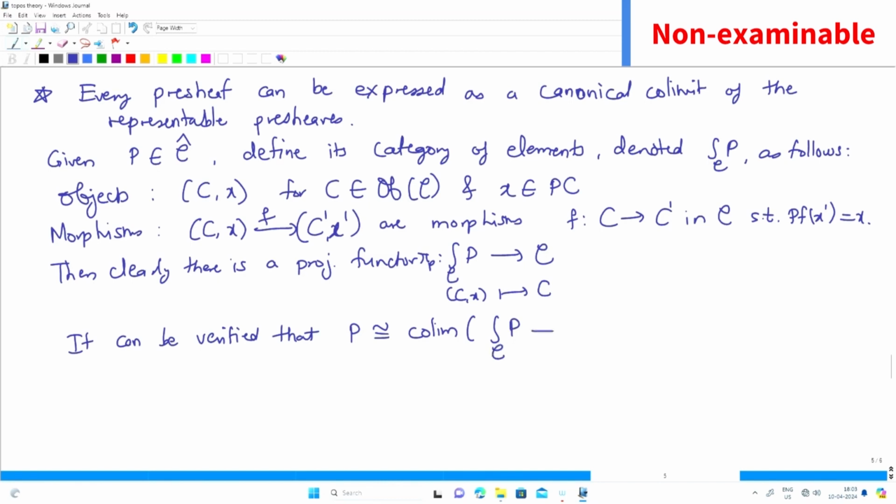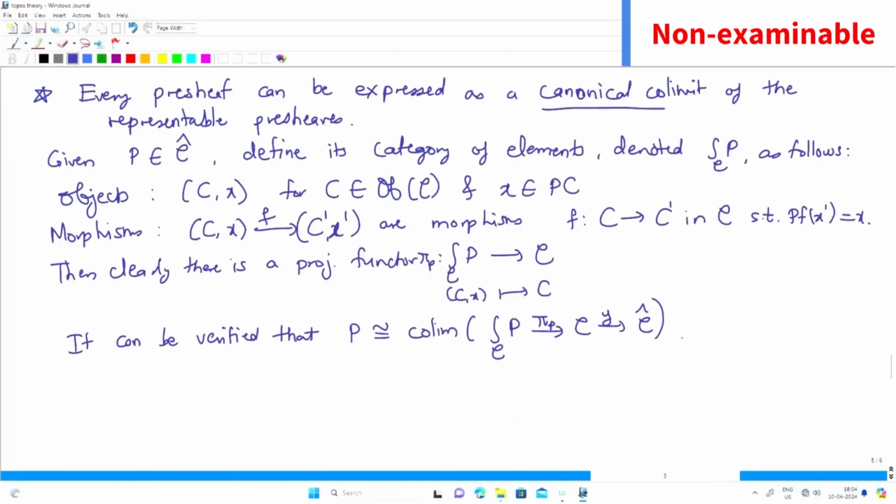The diagram is this: pi P to C and then Y to C hat. So the shape category is the category of elements, and then you go down to the base category and then you embed it using the Yoneda embedding. So P is isomorphic to this.